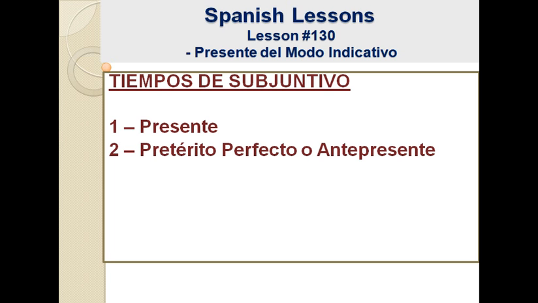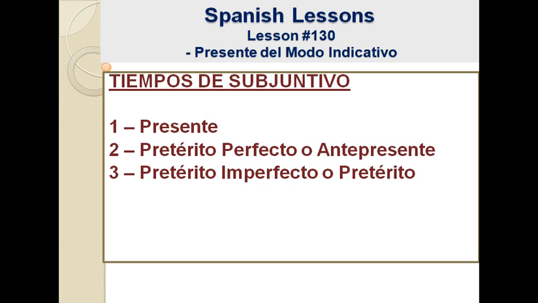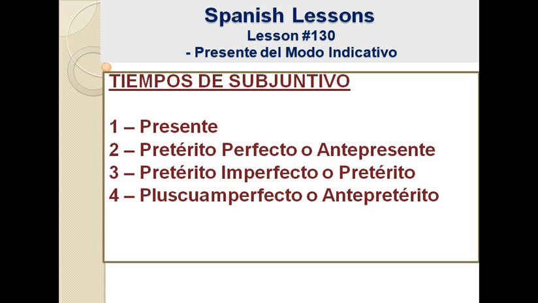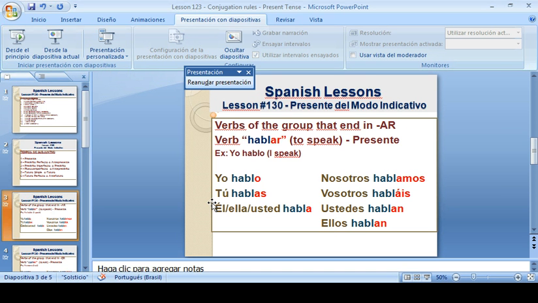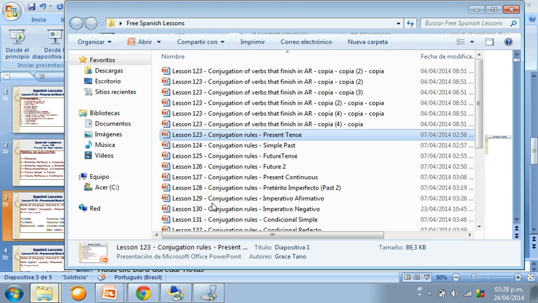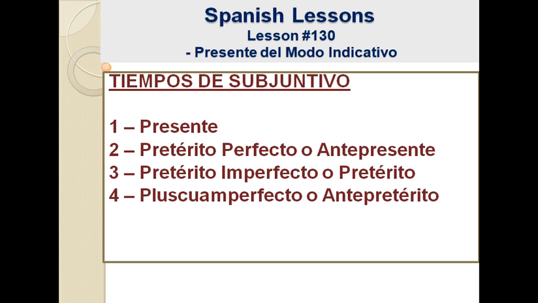Pretérito perfecto o antepresente del modo subjuntivo. Pretérito imperfecto o pretérito del subjuntivo. Pretérito pluscuamperfecto o antepretérito del subjuntivo. Sorry. Let me go back to the presentation. Here we are.